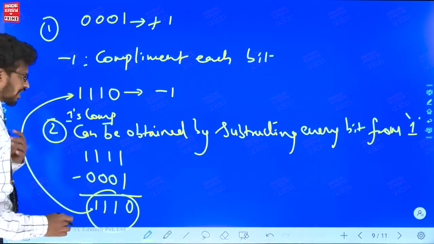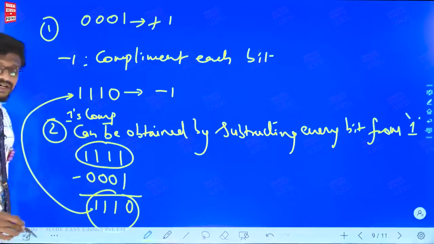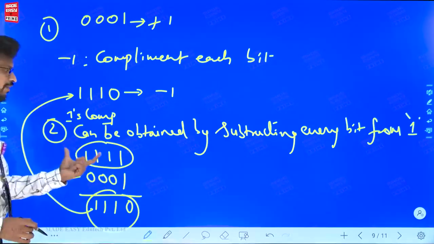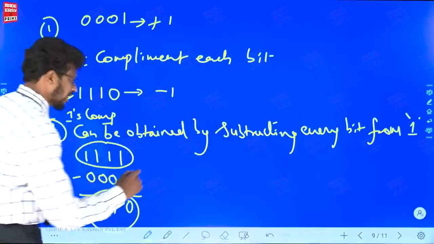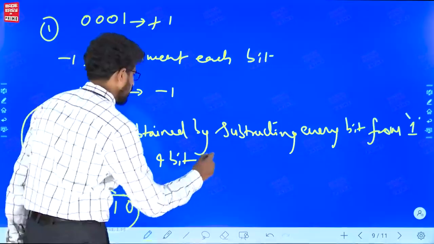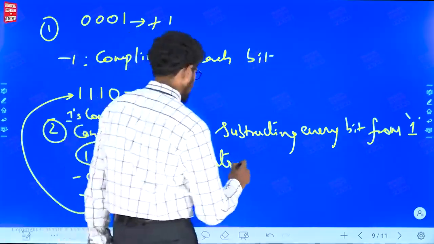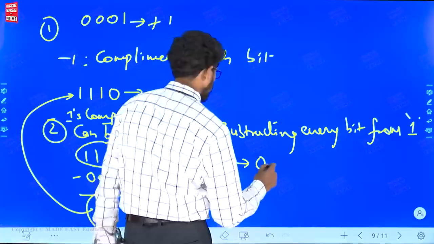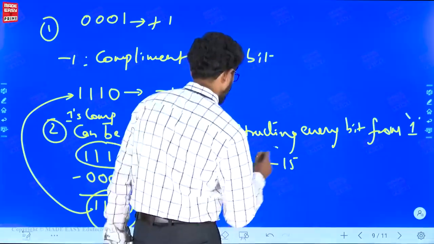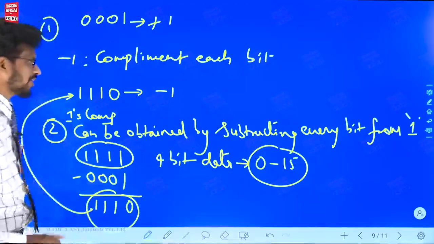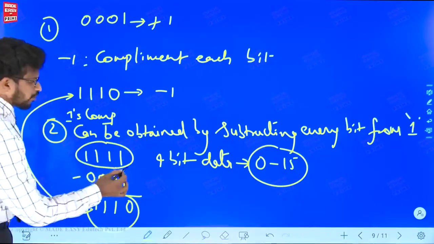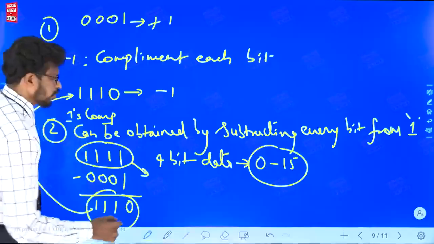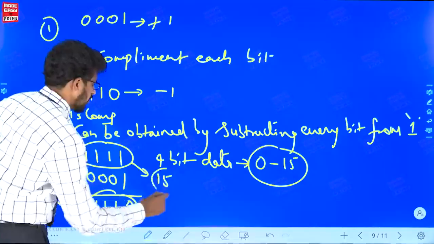Now, tell me, how many bit data is this? 4-bit data. If it is 4-bit data, what is the range that can be represented? For 4-bit data, the range for unsigned is simply 0 to 15. So, what is the equivalent value of this 1111? 15.